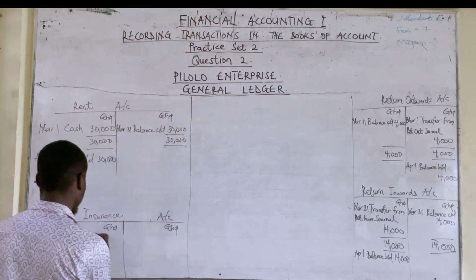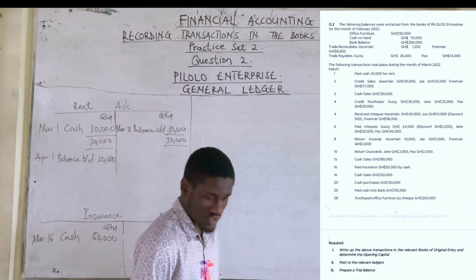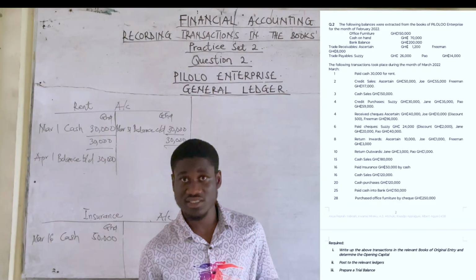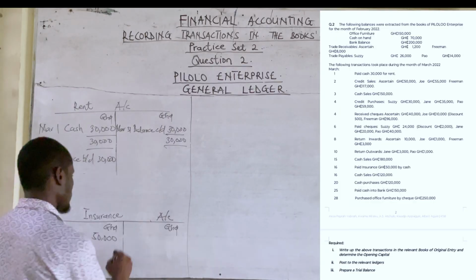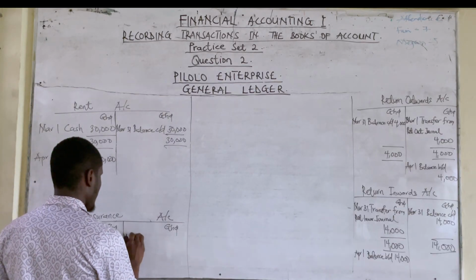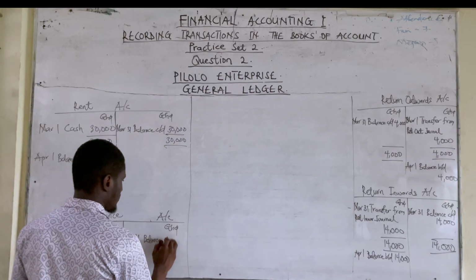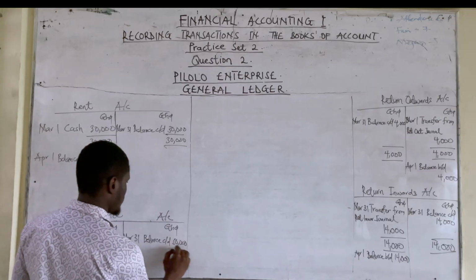Okay, 50,000. So we check for any other insurance transaction, and we see that that's the only insurance transaction in the question. Okay, so we are going to close off this account. March 31st, balance CD 50,000. Good.